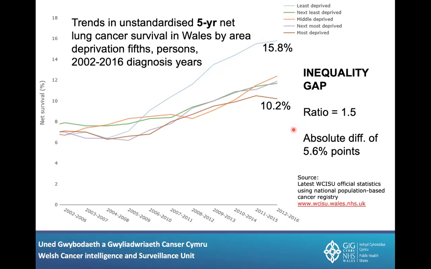Yes, so we've got lung cancer survival, 5-year this time. So obviously it's quite a bit less than the 1-year survival, lung cancer being fairly lethal, unfortunately. And then we're getting to around a 10% survival in the lowest deprivation score areas, the quintile, and almost 16% then in the most affluent areas.